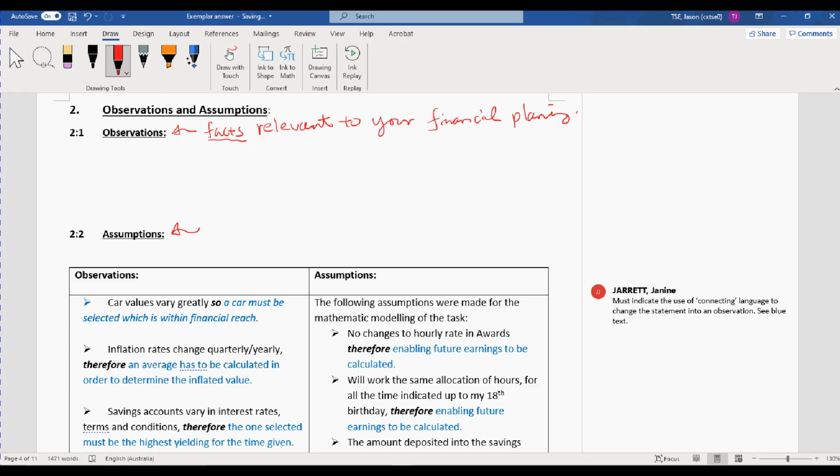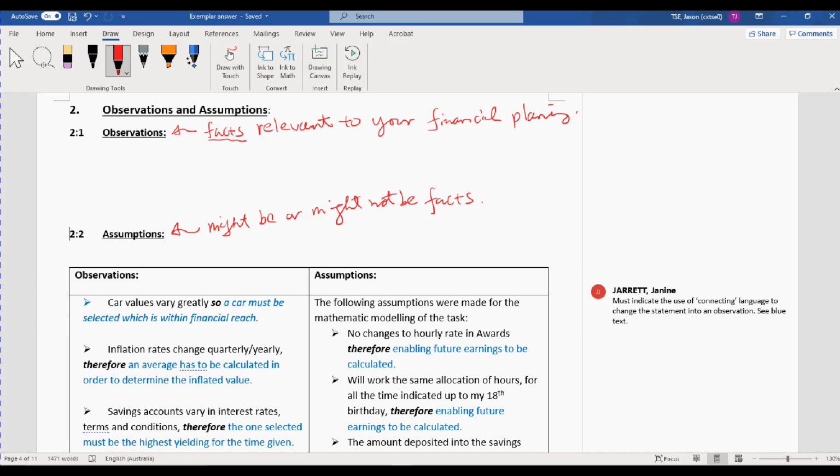So assumptions might be or might not be fact. Normally they are not 100% facts, but they could be close to what the fact is, but it's not 100%.